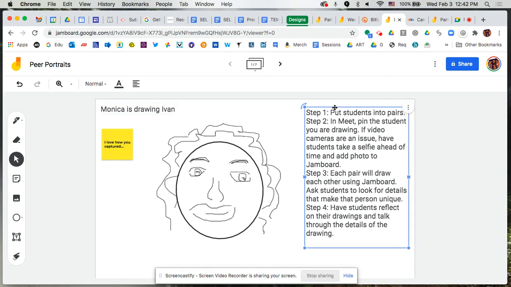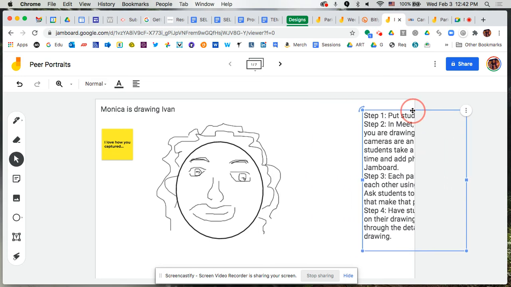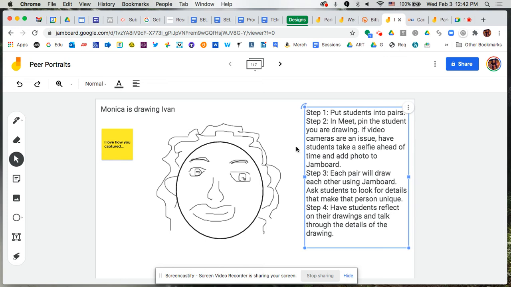Just FYI, you cannot put these off canvas. As you can see there, I just did that and you can't see it. So unlike Google Slides, you cannot put content off to the side. So it has to be on the board itself. Of course, you can give directions to your students and not have to have these on the screen at all. So you could certainly eliminate that and then give the entire board to the student who's drawing that picture.